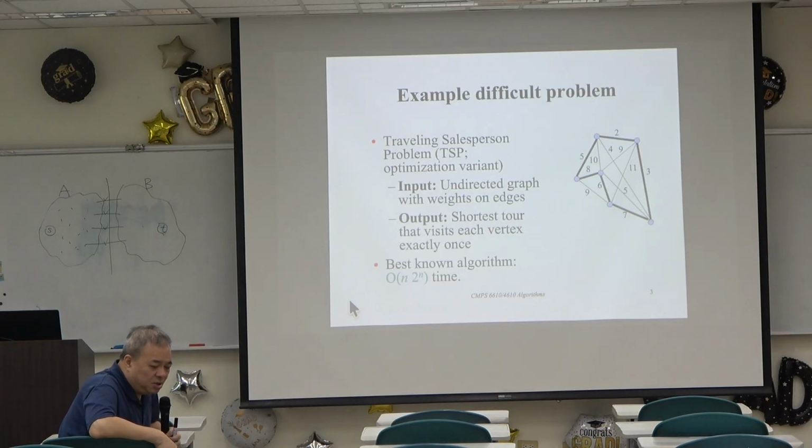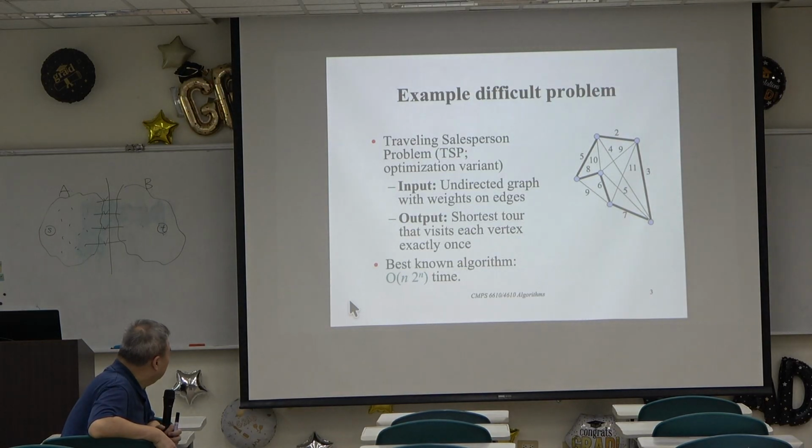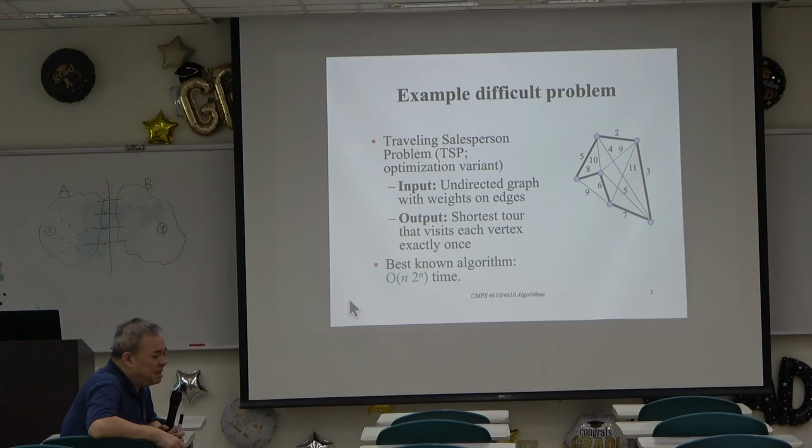That is, the time when you take the route represented by that edge. So when you want to minimize, you find the shortest tour. That means you minimize the amount of time you spend for your job, right?